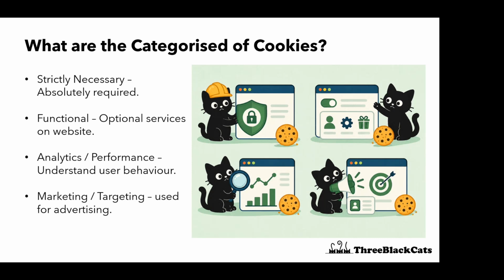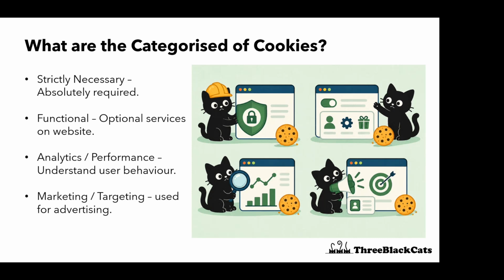Now, you note I haven't talked about Google Analytics, and I said we would come back to this one. Google Analytics is an interesting one. For those of you that have purchased an enterprise license for Google Analytics, it is an analytics and performance cookie. The reason being is that you are the only one who can use that data and you are using it solely for your purposes.